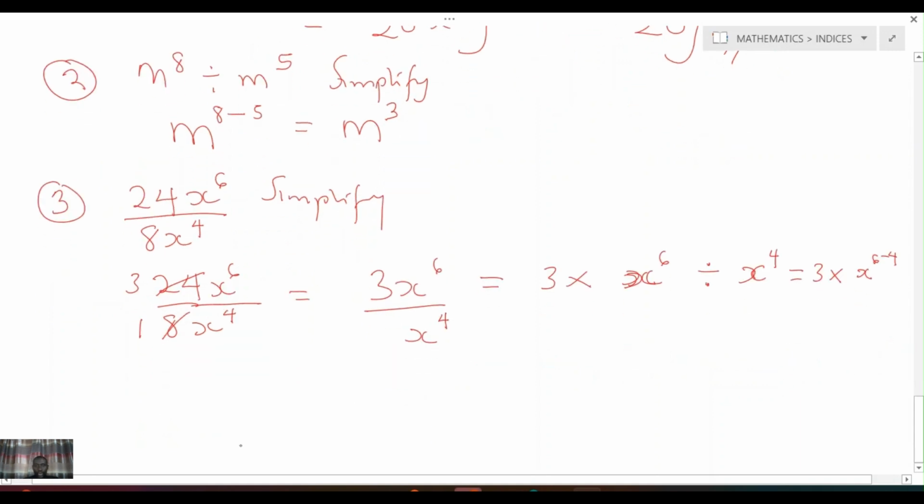And that will be equal to 3 times x raised to power 2, which is 3x raised to power 2, right?